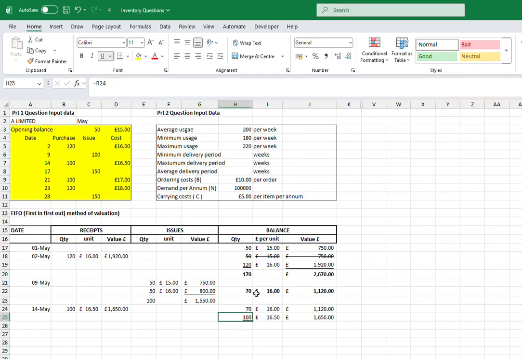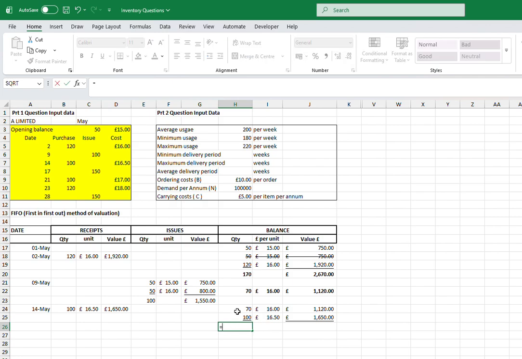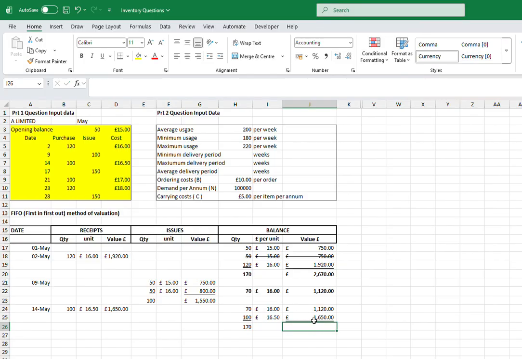So we're back to having two different sets. We've got 70 that are valued at £16 and 100 that are valued at £16.50. If you add the two together, in total we've got back to 170, but now the value is 2770.